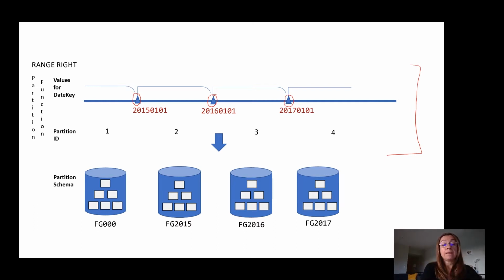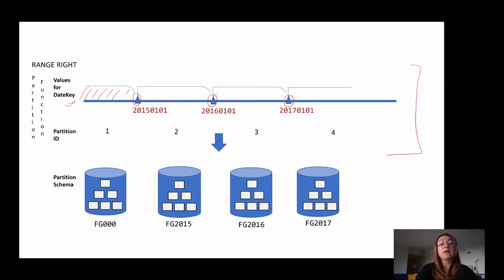So range right defines at which side, I would say, we will have a partition which will gather the data which doesn't fit any other partitions. So this could be yet another additional partition which stays at this place, or it will be the partition which stays on the left side of that, but this is actually range right in the function. So every single interval forms a partition ID.